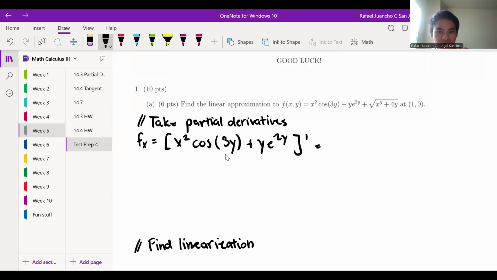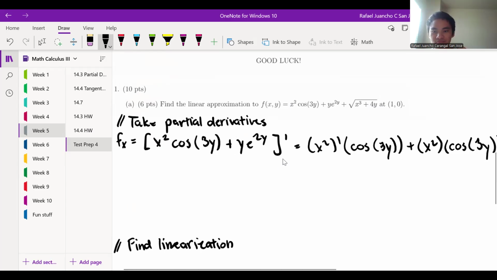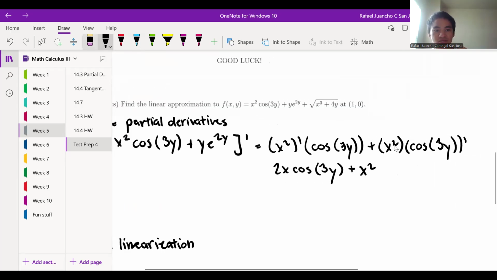This one, well, we can just take the derivative of that. Okay, let me do a product rule here. So product rule, and here this gives me, well, x squared, this is 2x. This is x squared. And then this is just a number, so this becomes 0. Actually, this becomes nothing. So it's 2x cosine 3y.